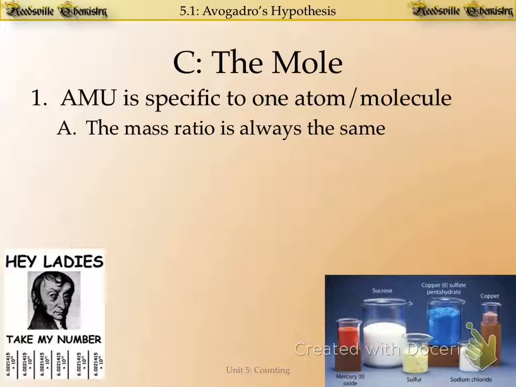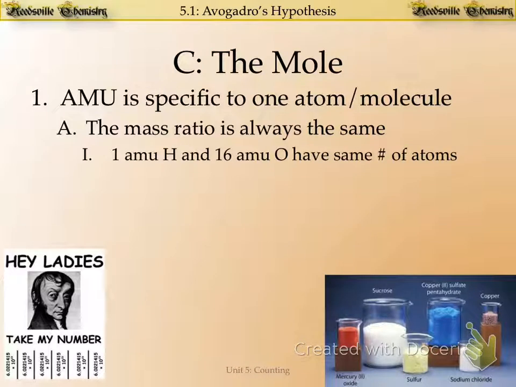But as we saw in the chicken and the quail egg problem, mass ratio is always the same, whether you're working in kilograms, or pounds, or atomic mass units, whatever you want to work with. The mass ratio is always the same. For oxygen and hydrogen, it's 16 to 1. For nitrogen to hydrogen, it's 14 to 1. It's always the same. So 1 AMU of hydrogen and 16 AMUs of oxygen have the same exact number of atoms. How many? They both have 1.